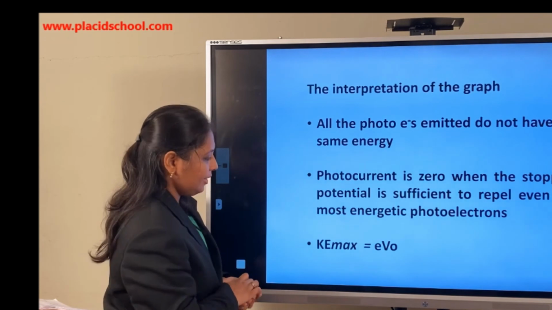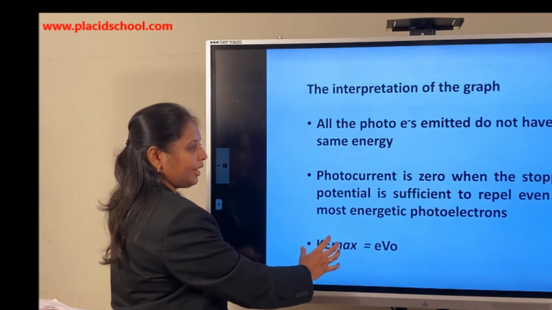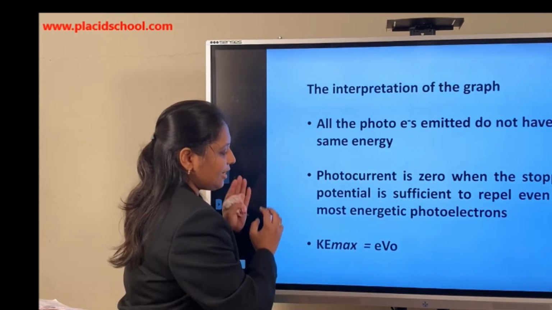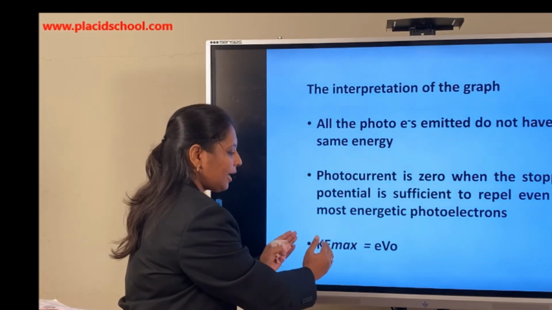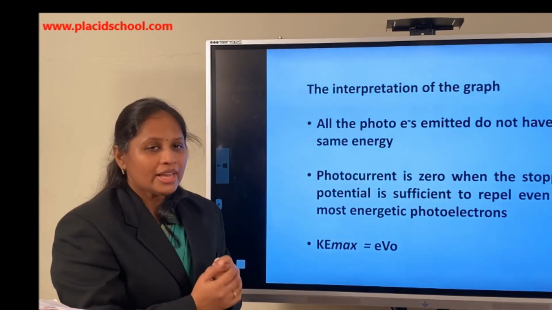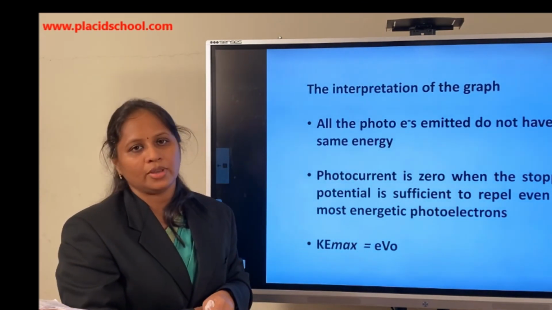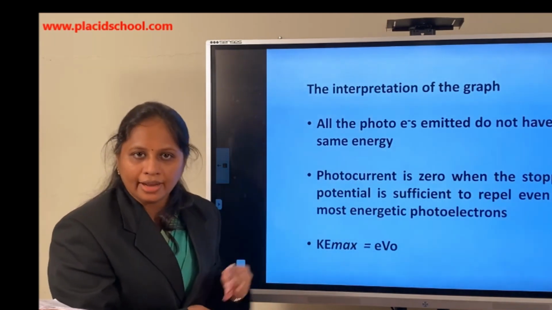So we can write this equation for the maximum kinetic energy. The maximum kinetic energy of the photoelectron is equal to eV0. Work done and kinetic energy are the same. So the maximum kinetic energy of the electron is equal to e times V0, where e is the charge of the electron and V0 is the stopping potential. So this is the interpretation of the graph.